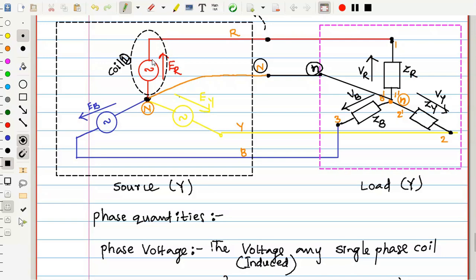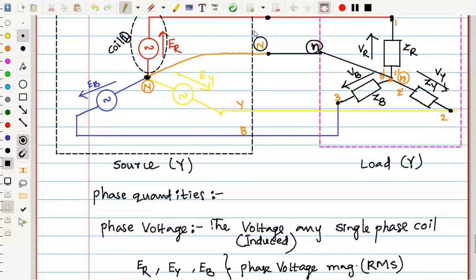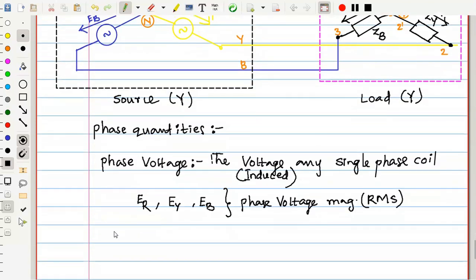Can somebody say yes or no? Yes. So coil 1 is basically connected between the terminals R and N. So, using the same notation, ERN, R phase to neutral, is nothing but coil 1, and the voltage is equal to ER.